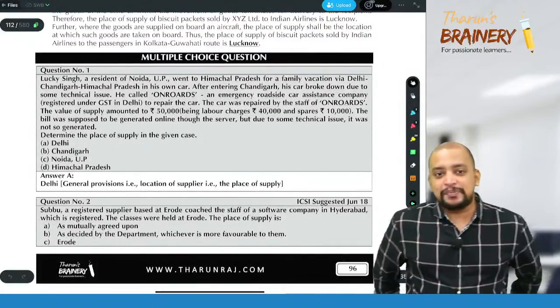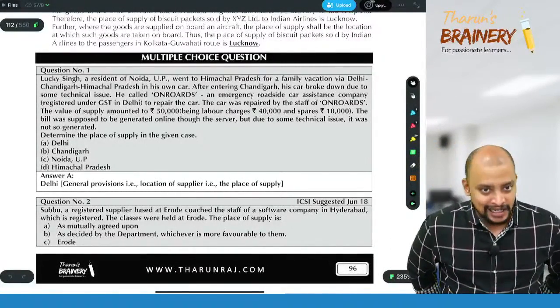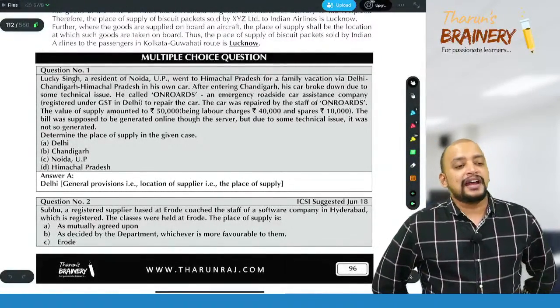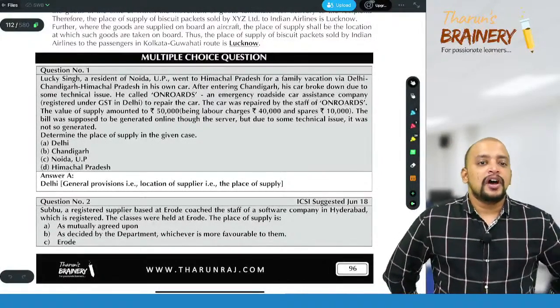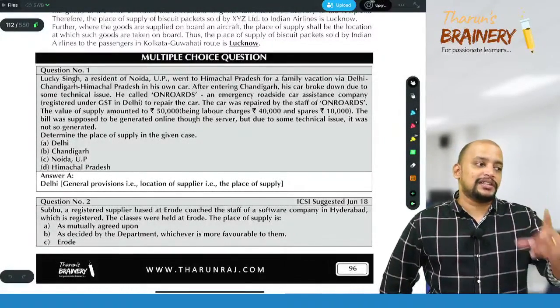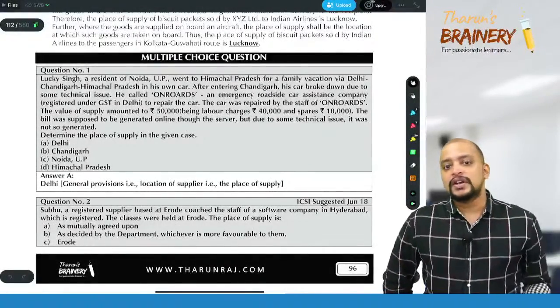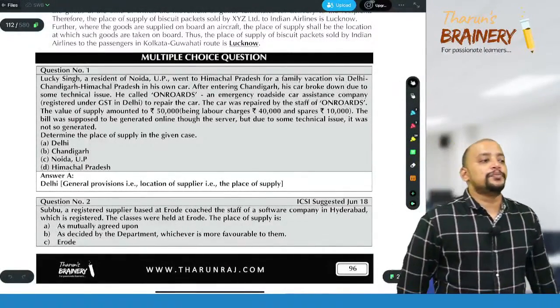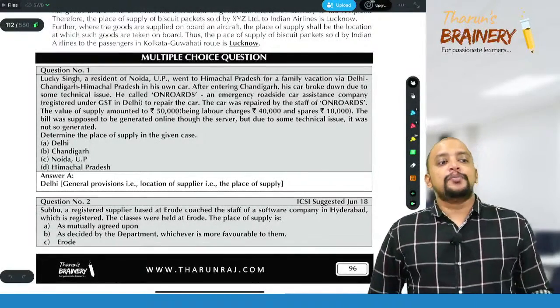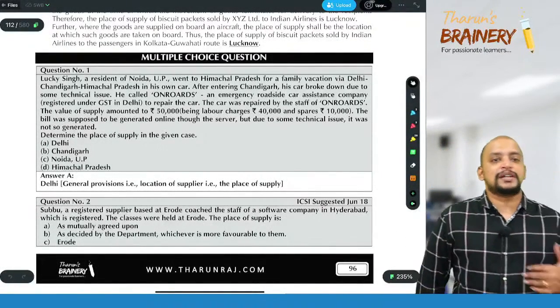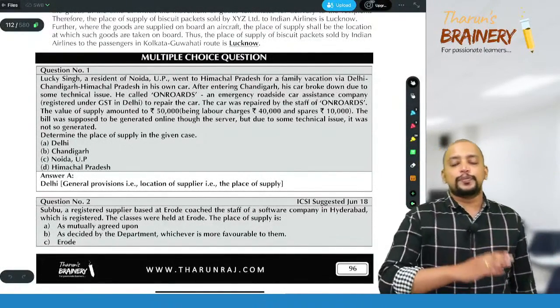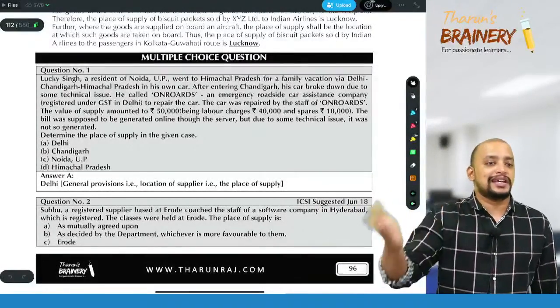See, place of supply is a very important area because a standalone question can also come, or in the first question, that is a descriptive question, you will have transactions. For all those transactions, we need to compute the net GST payable. For computation of net GST payable, inward supplies and outward supplies, you need to properly classify into intrastate and interstate.